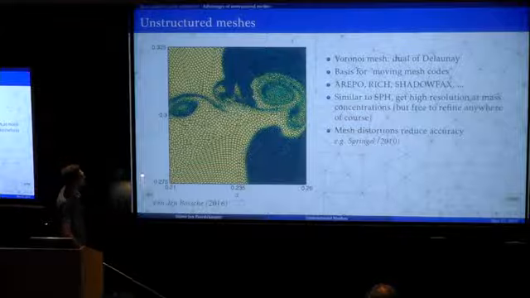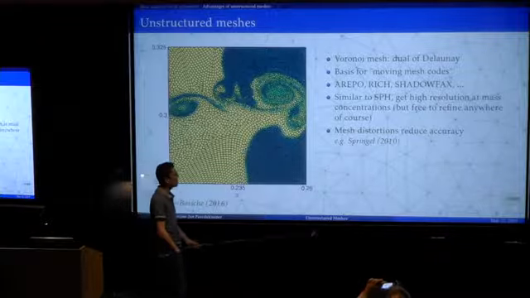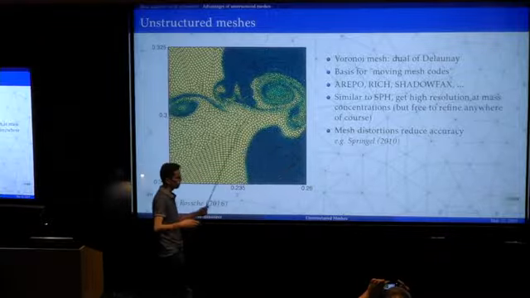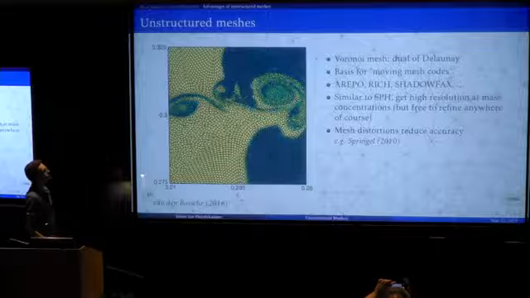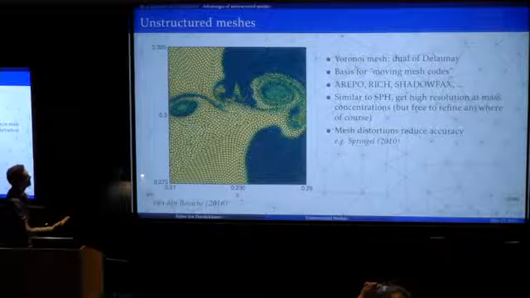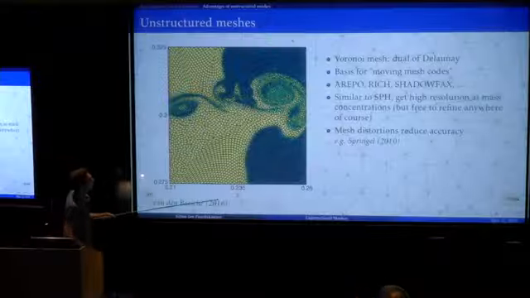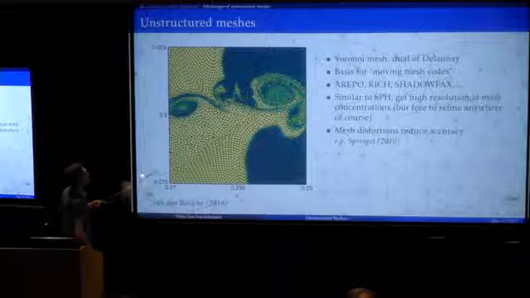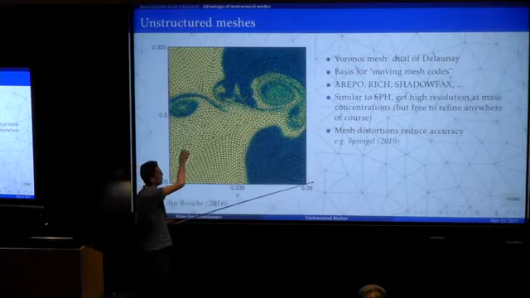it's basically meshless. So what they do is they try to combine some of the advantages of SPH, so the Lagrangian nature to get resolution at mass concentrations, but do the hydrodynamics on a mesh. So I'm not a big fan of the Lagrangian nature of these methods, because you distort by moving the mesh points around.